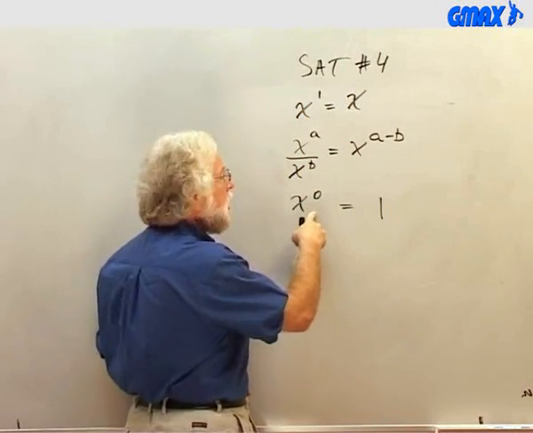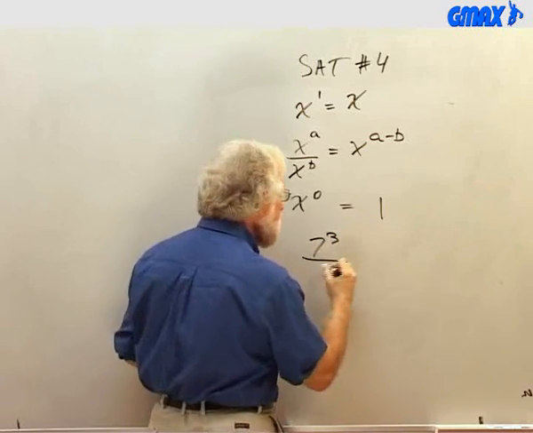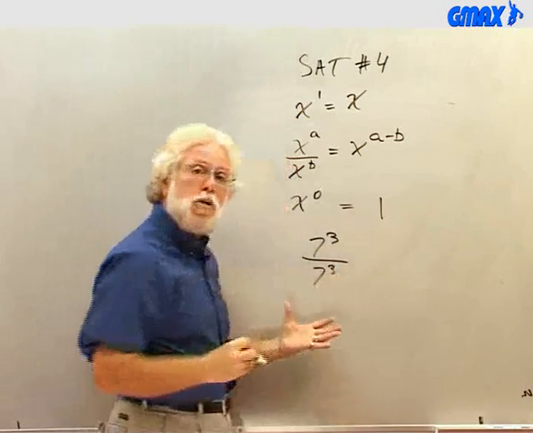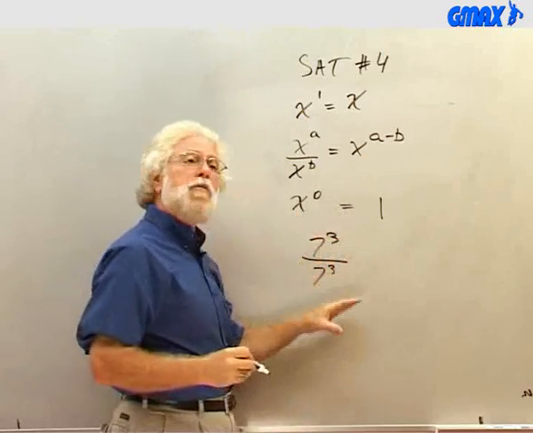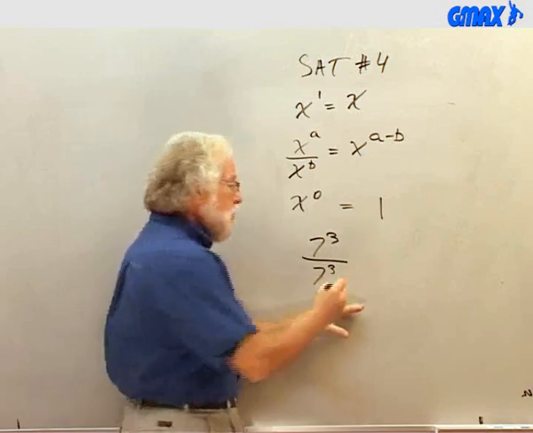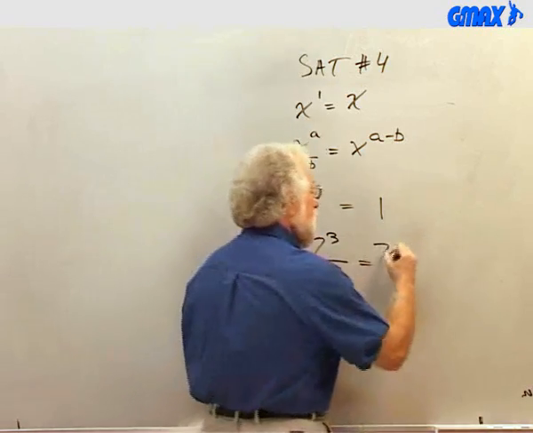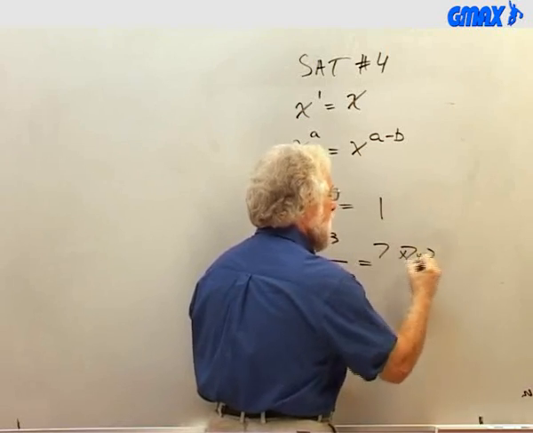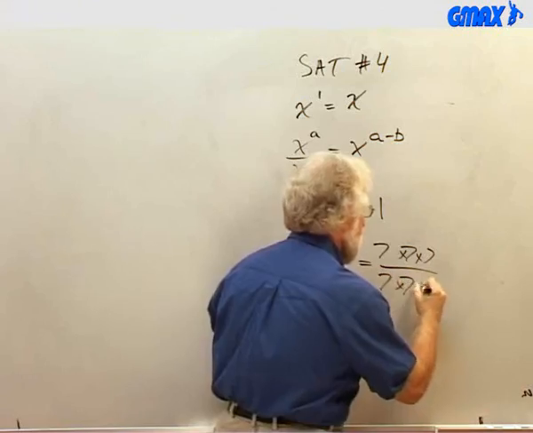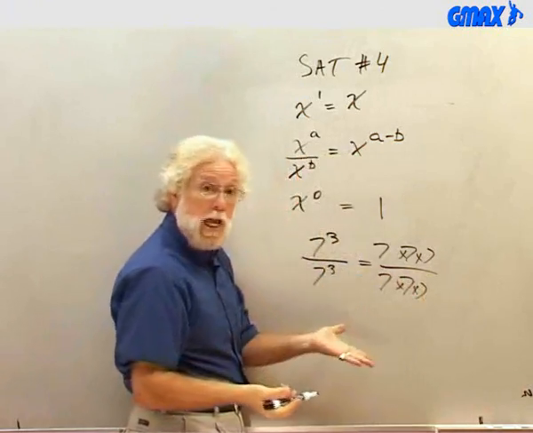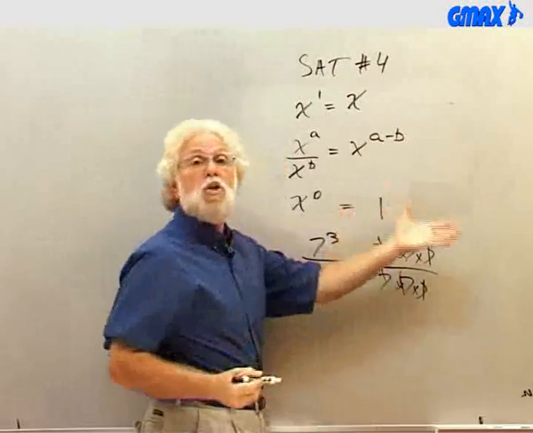How do we get this? Let's say, again, we went to 7 to the 3. Only this time we're going to divide it by 7 to the 3. Now, we've seen already many times, anything divided by itself is equal to 1. But what if we did this by way of an expansion? 7, 7, 7 times, same thing on the bottom. Now, they're going to cancel. It's 1 over 1.